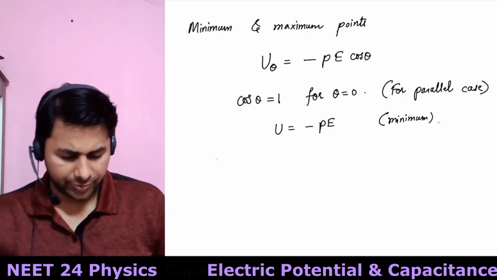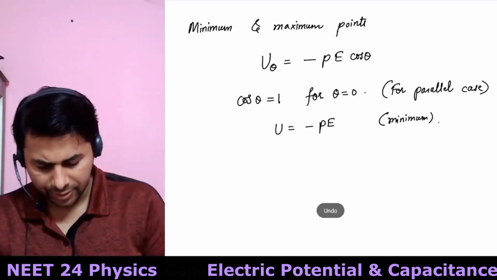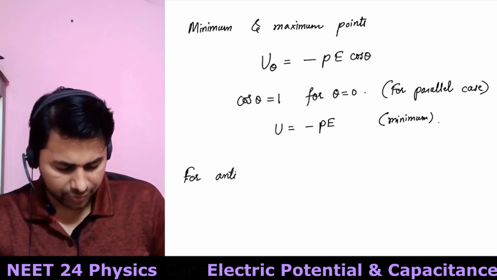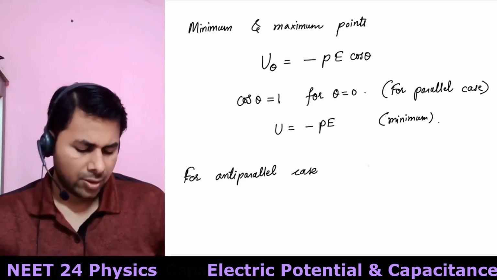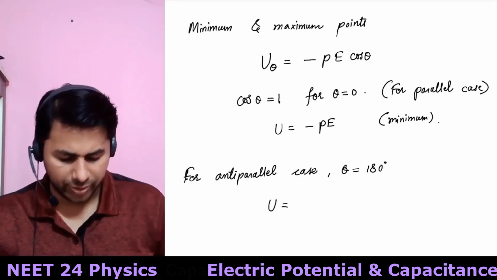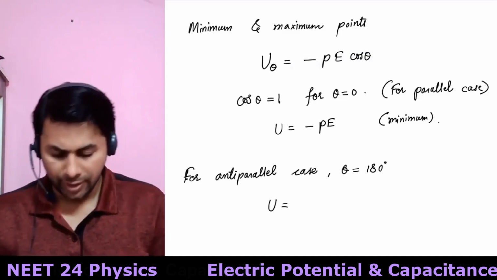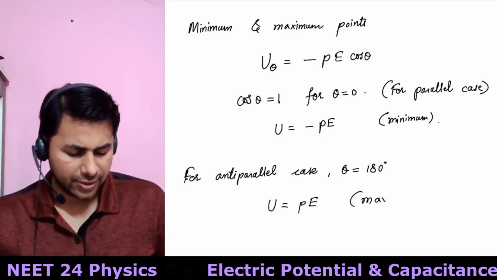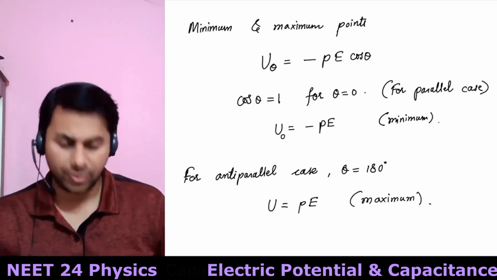And if you have theta equal to 180 degrees, so I can say for the anti-parallel case, theta is 180 degrees and the potential energy will be equal to what? Cos of 180 is minus 1, times this negative sign is 1. So the potential energy becomes maximum. So I will write this as U of 0.